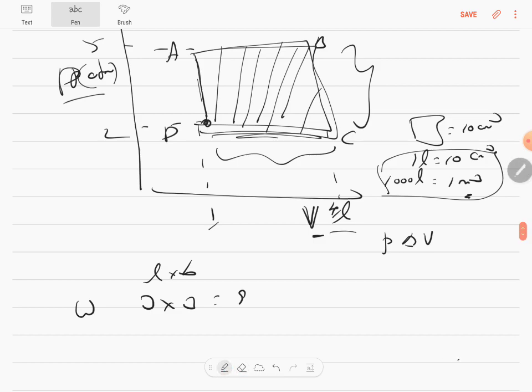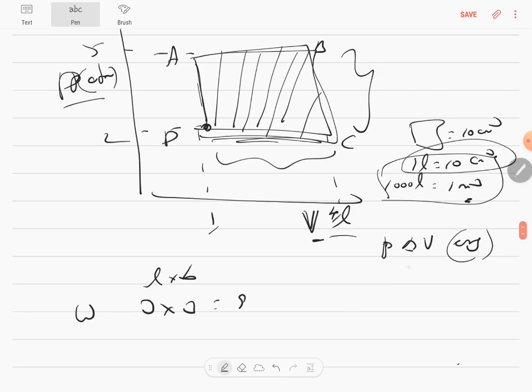What they have done is just converted it into erg, because pressure itself is force by area. Work done itself can be in erg, and how do we get an erg answer here? This can be written: 1 liter is 10 centimeter cube. So that's sorted.